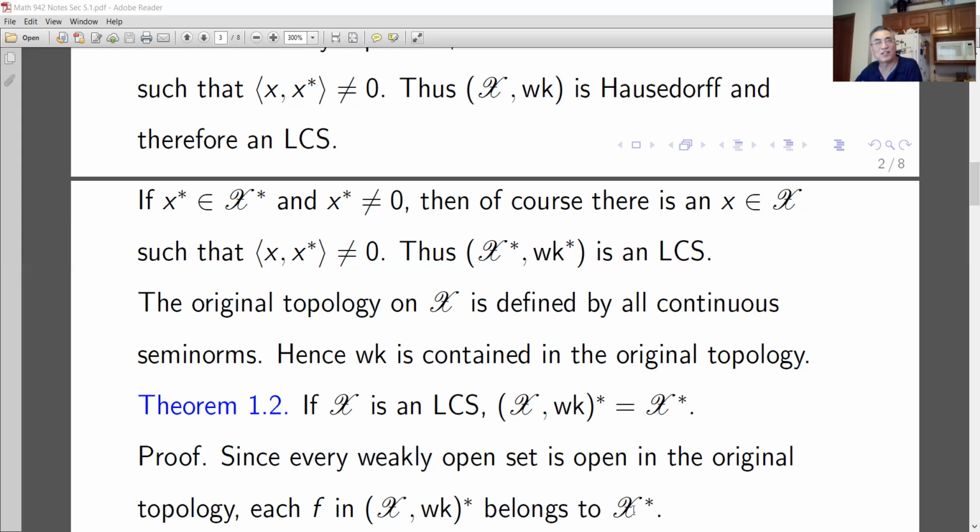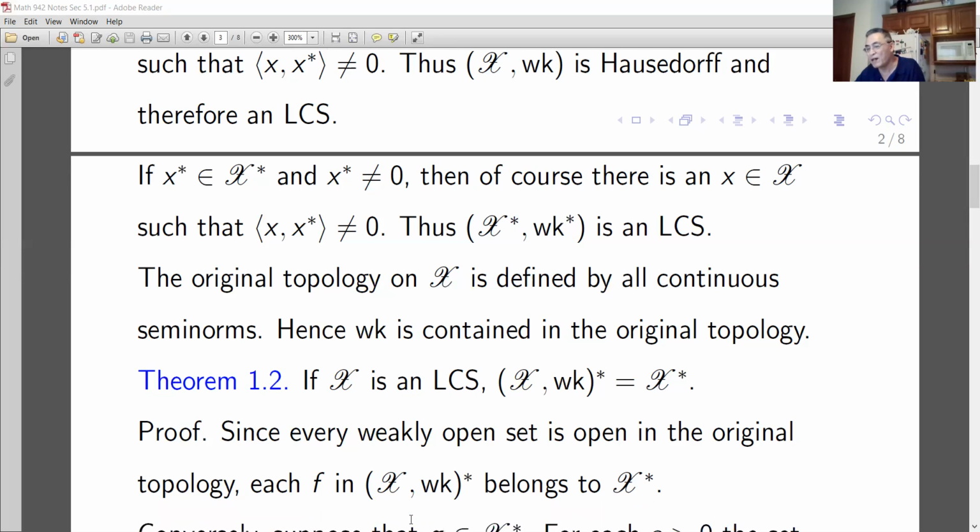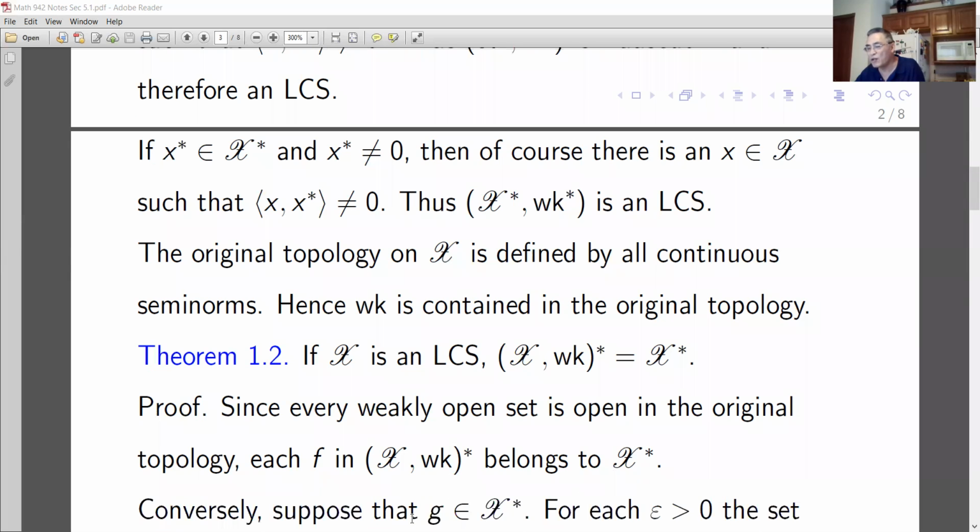Now we have to prove the reverse inclusion: a linear functional in X star must belong to this one. So conversely, suppose that G is in X star. We must prove that this G belongs here.